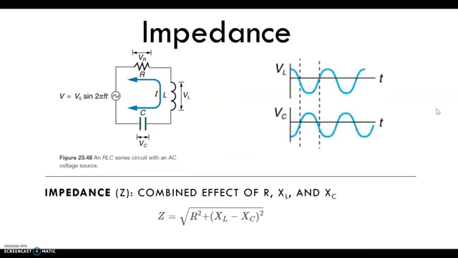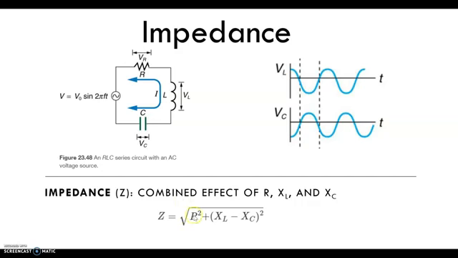So now when we combine the resistor, the capacitor, and the inductor all into one circuit, even though all three of these impede current when they are alone in an AC circuit, when combined, these resistances can't just add together nicely. What we get instead is what's called impedance, known by Z. That's the combined effect of the resistor, the capacitive reactance, and the inductive reactance.